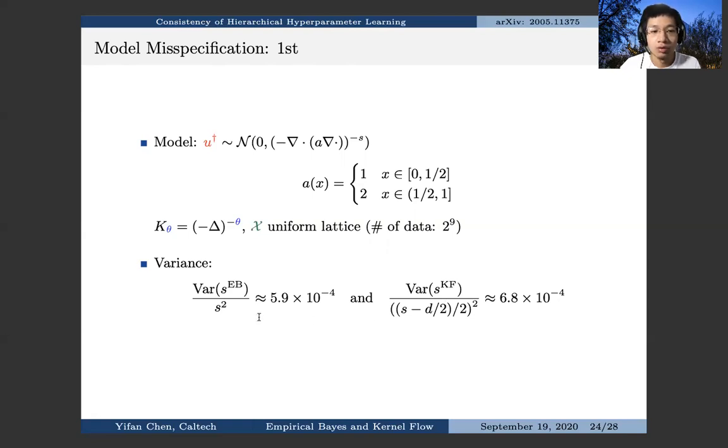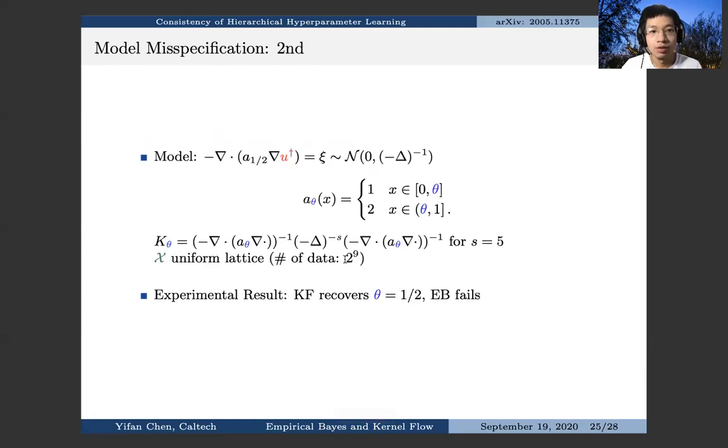However, now their variance is similar in magnitude. This means that empirical Bayes loses this superiority in variance in the model misspecification setting. That means empirical Bayes may have some weak robustness with respect to model misspecification.